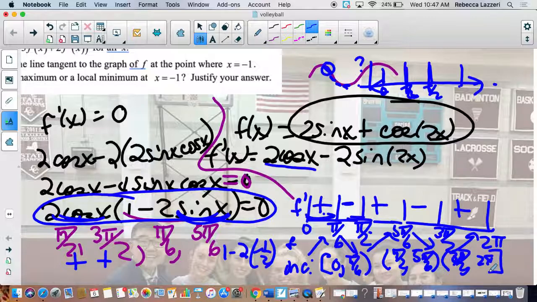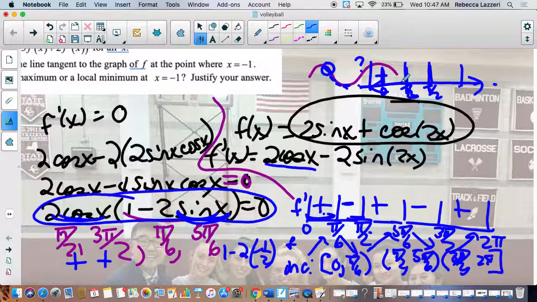Did y'all notice I bracketed in the endpoints because it's coming from somewhere else? It is definitely increasing like somewhere before 0, like that whole entire time. They just cut it off at some point. So that endpoint should be included because it's not a critical number. 0 and 2 pi is not leveling off, so it is actually increasing during that time frame.